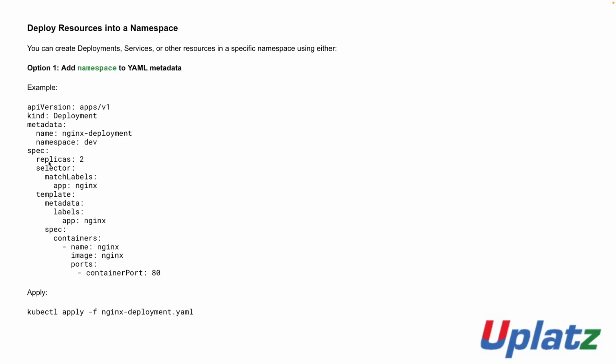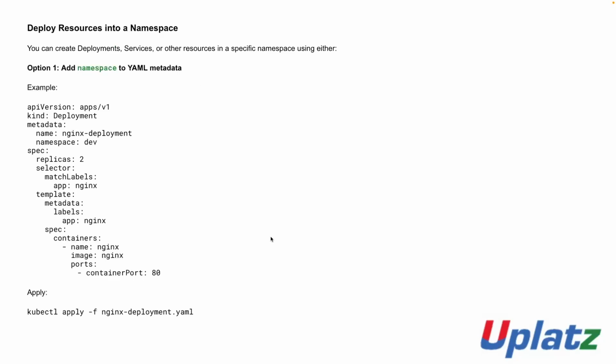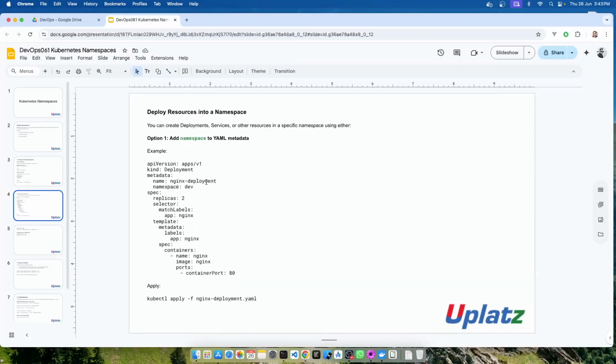Spec: replicas 2, selector matchLabels app nginx, template metadata labels app nginx, spec containers, name nginx, image nginx, ports containerPort 80. So let's do it. The file name will be this one.